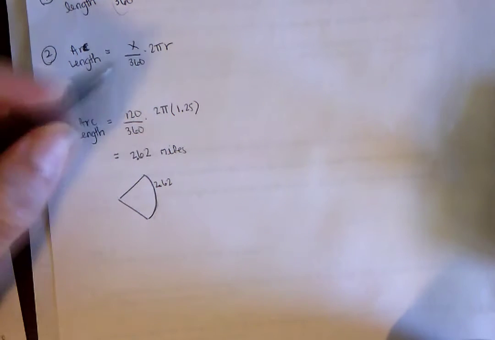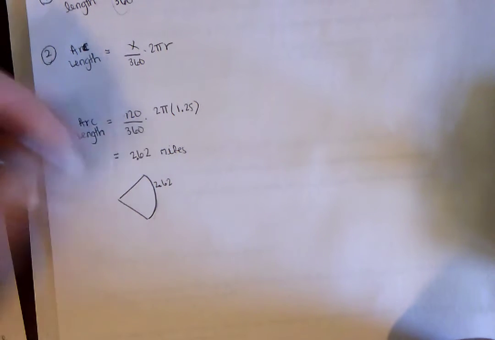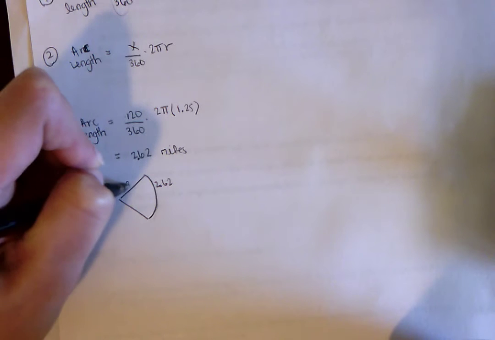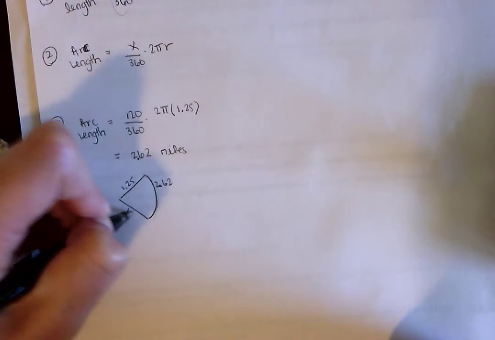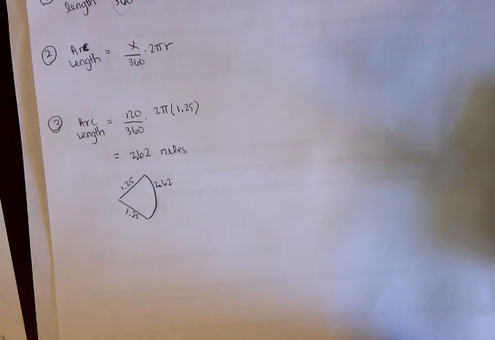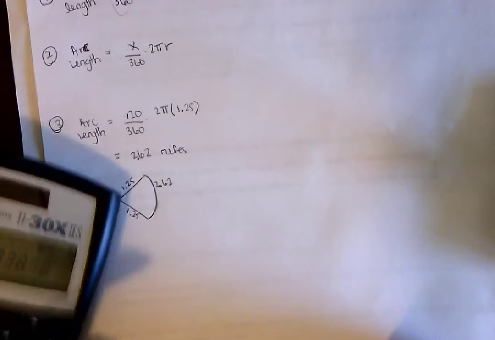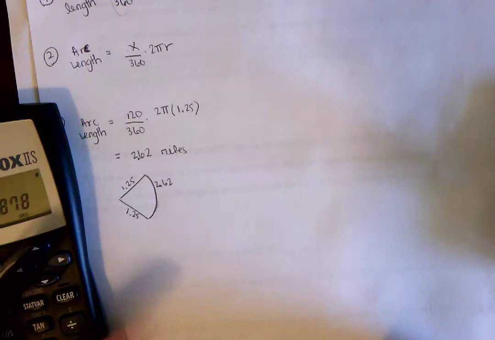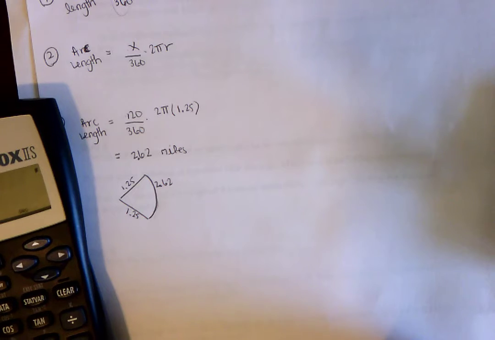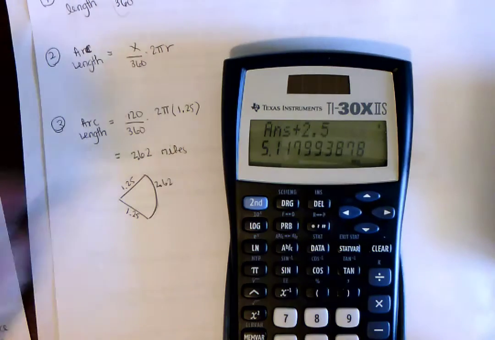But remember, we need to rope off this as well. That's our radius. So 1.25 and 1.25. So that's basically 2.5 right there. So just add another 2.5 to your answer and you get 5.12.